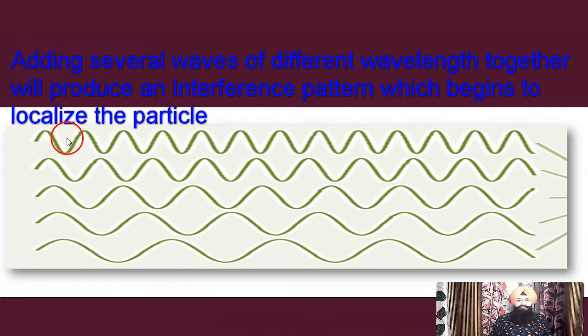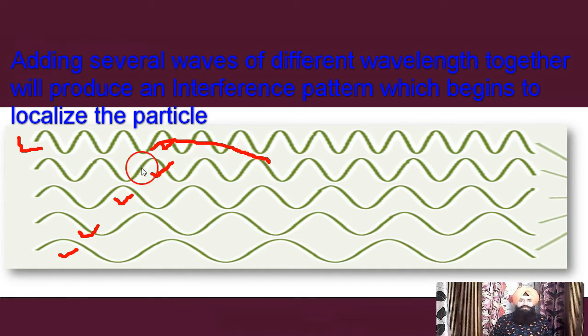You know how? Look, this is a low frequency, this frequency is slightly higher, this one is slightly greater than the previous, and this one is still slightly more. So we have a number of waves which differ in wavelength or frequency by a very small amount.